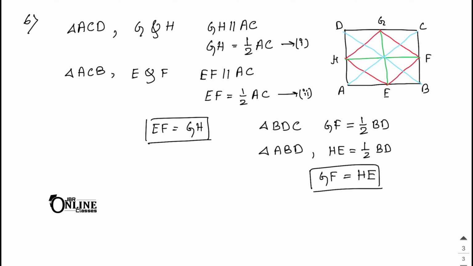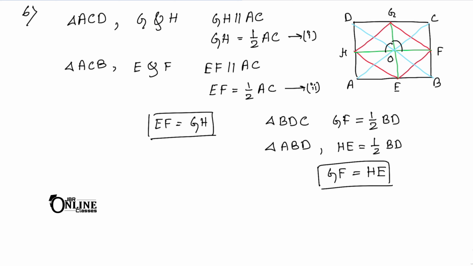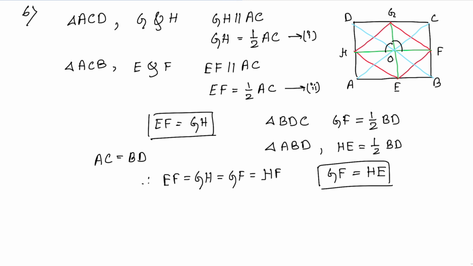So as EF equal to GH and also GF equal to HE, both are equal because ABCD is a square. So as ABCD is a square, that means AC equal to BD. So from that you can write down EF equal to GH equal to GF equal to HE. That means EFGH is a square or a rhombus.